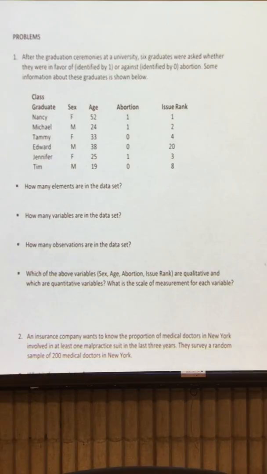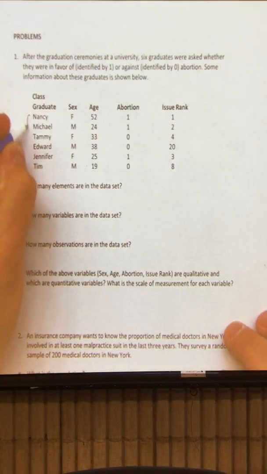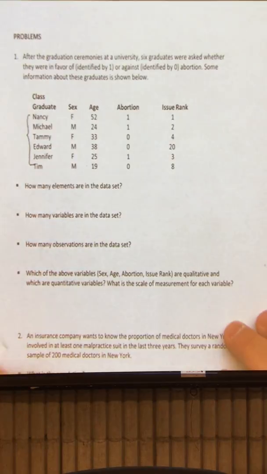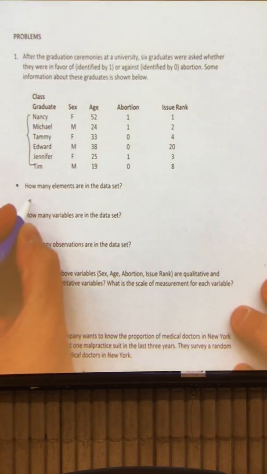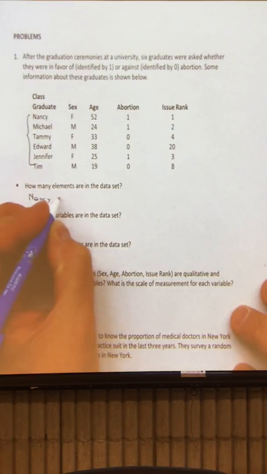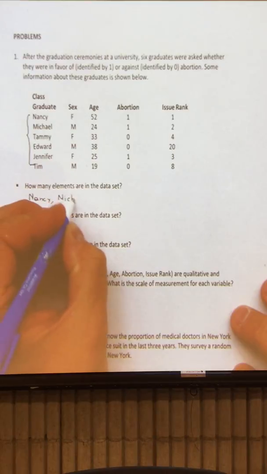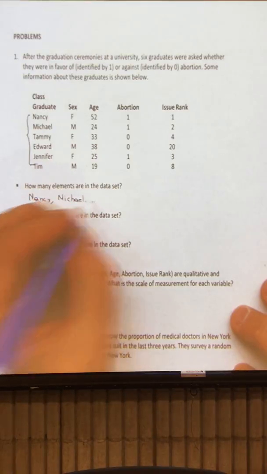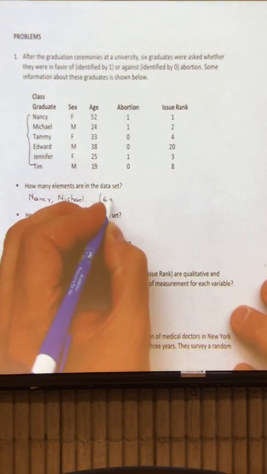Let's go through the problems. Problem number 1. As you can see, we have 6 elements. So these 6 elements will be Nancy, Michael, and so on. So we have 6 elements.